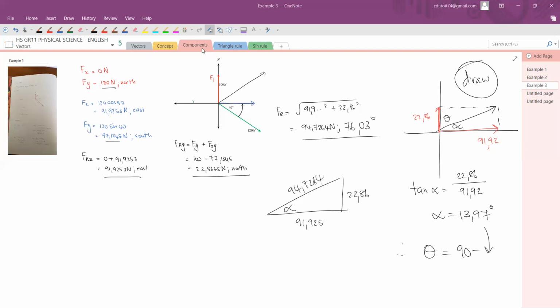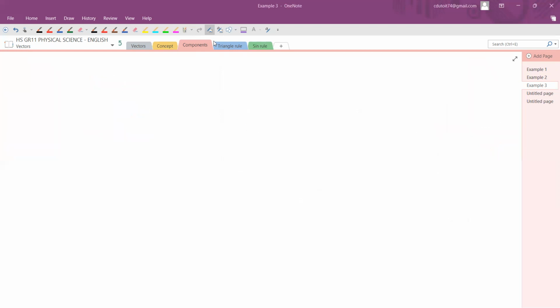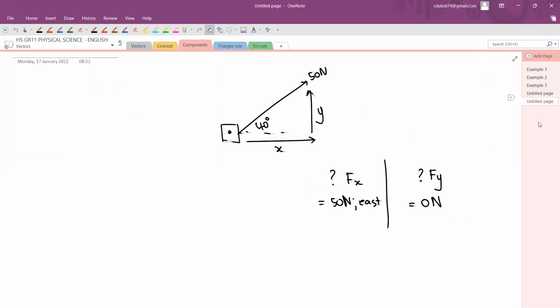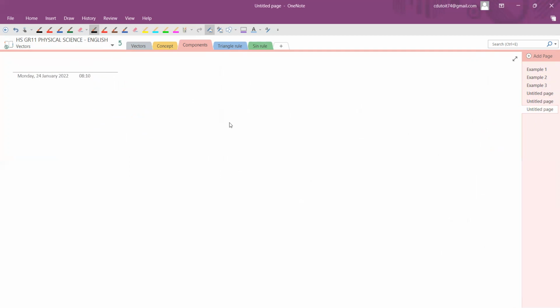Good. So what we've done now, we've done vectors in 2 dimensions. And the important thing is that these vectors are not in equilibrium or rest. Very important.